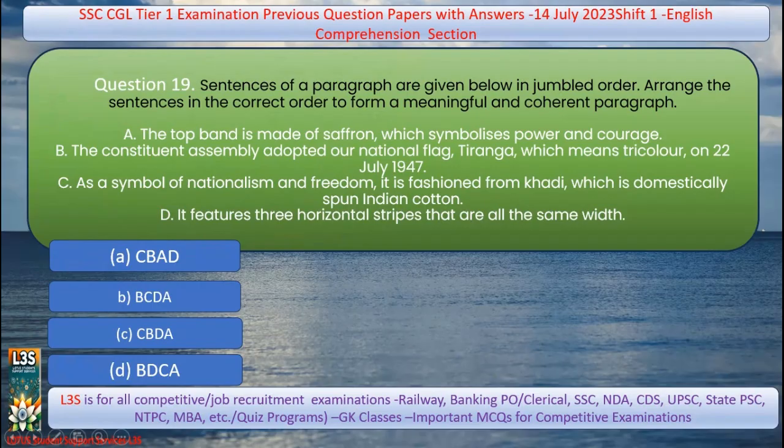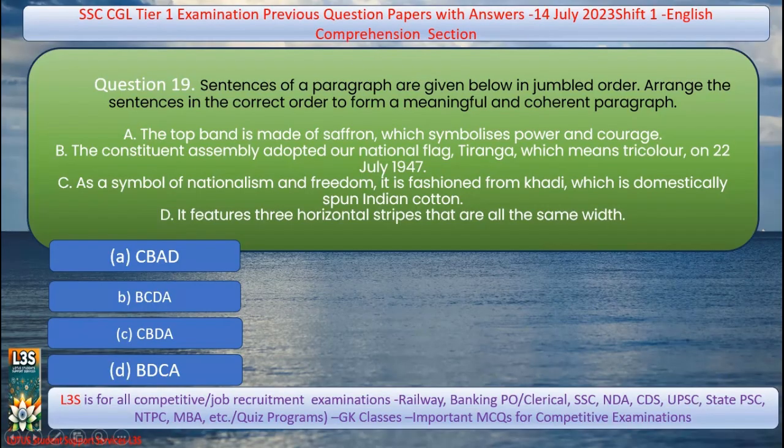Sentences of a paragraph are given below in jumbled order. Arrange the sentences in the correct order to form a meaningful and coherent paragraph. A. The top band is made of saffron, which symbolizes power and courage. B. The Constituent Assembly adopted our national flag, Tiranga, which means tricolor, on 22 July 1947.